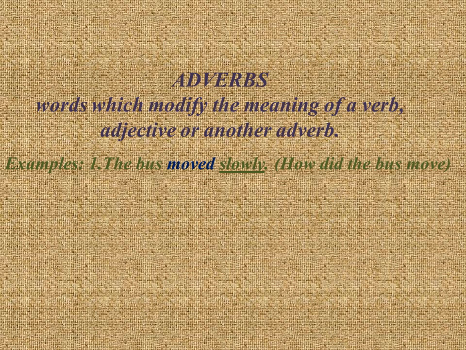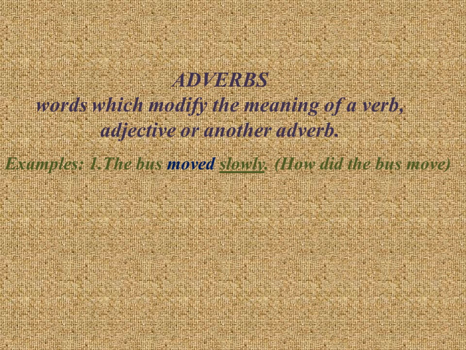Here is an example. The bus moved slowly. How did the bus move? Slowly. First, you need to find the verb. In this sentence the verb is moved.